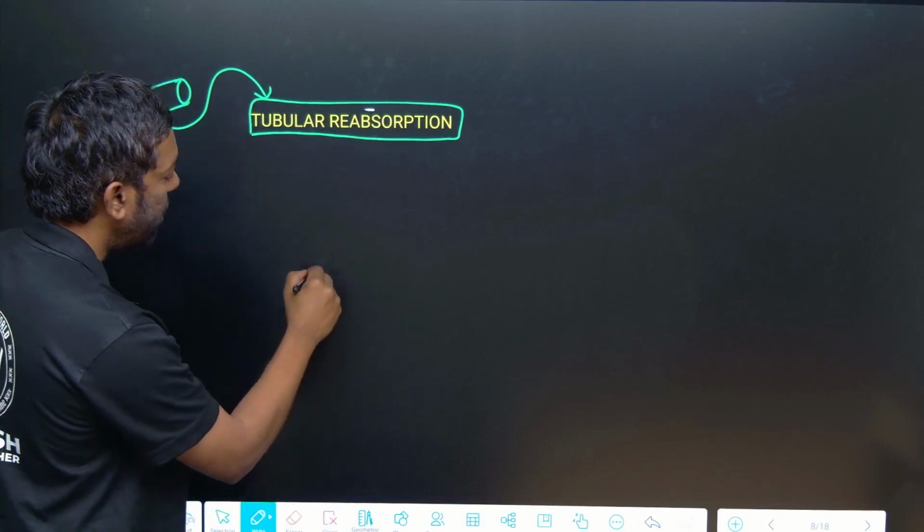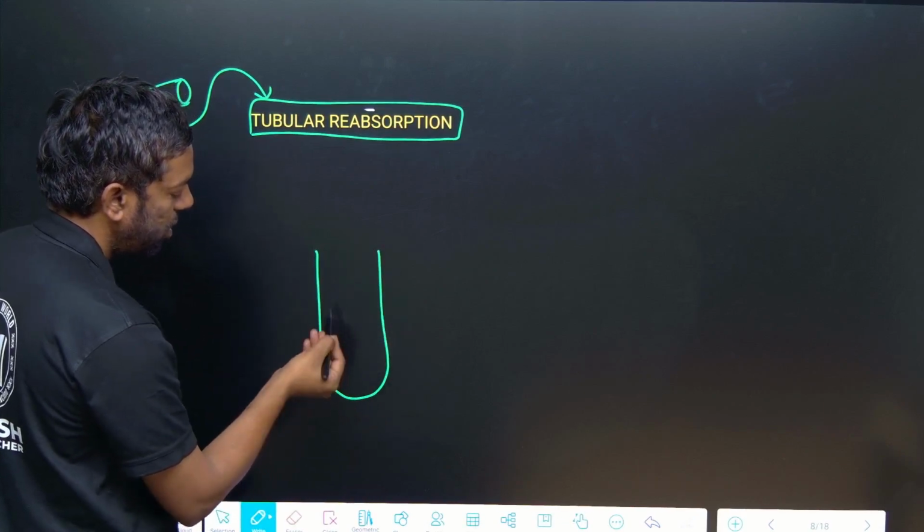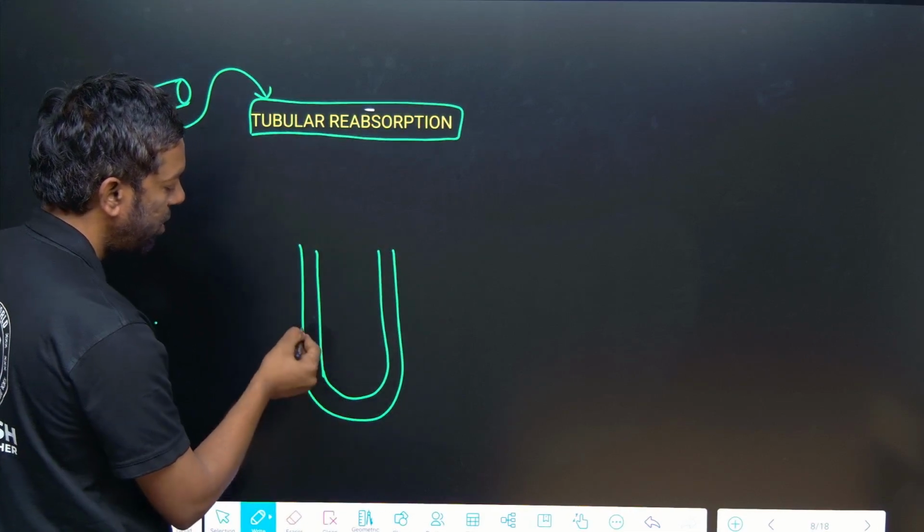This is the nephron. This is the Henle loop of the nephron.